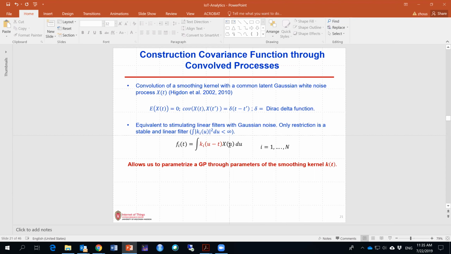It is also a Gaussian process, but at any different input points, the corresponding Gaussian random variables are independent from each other. So it's white noise: any point is not correlated with any other point in the process. This is the X process. And K here is a smooth kernel function. Once we convolve X with this kernel function, we end up with a colored Gaussian process.